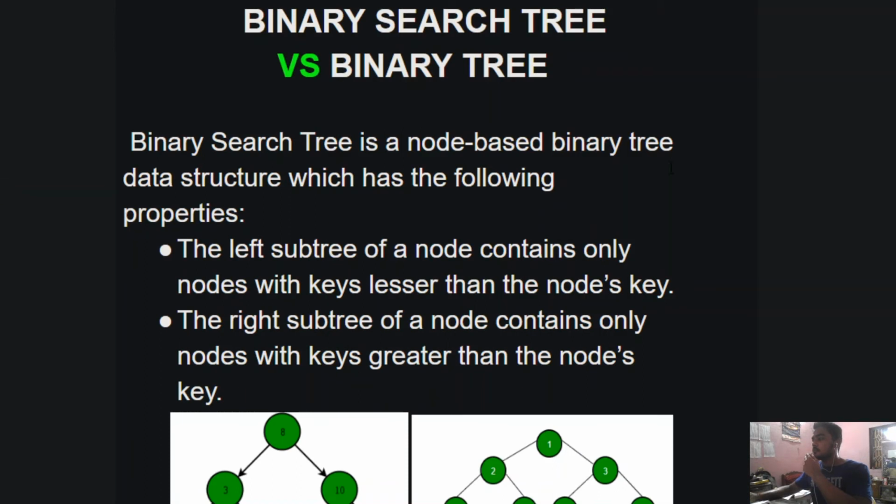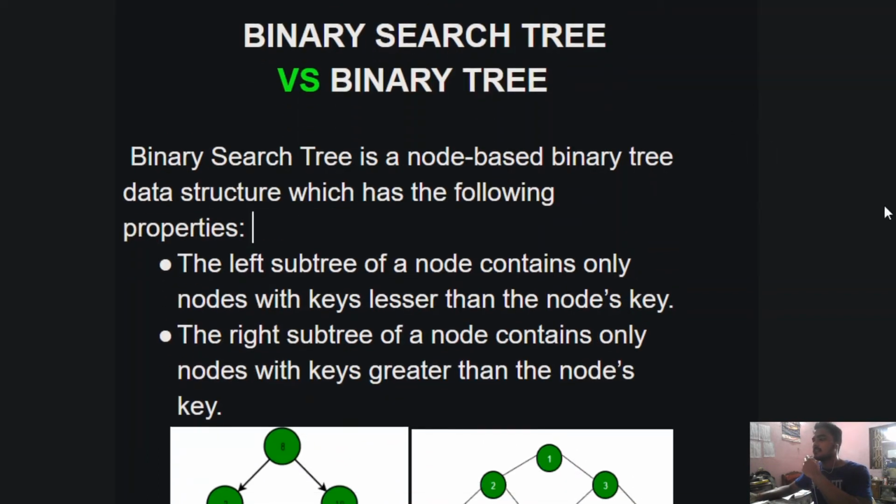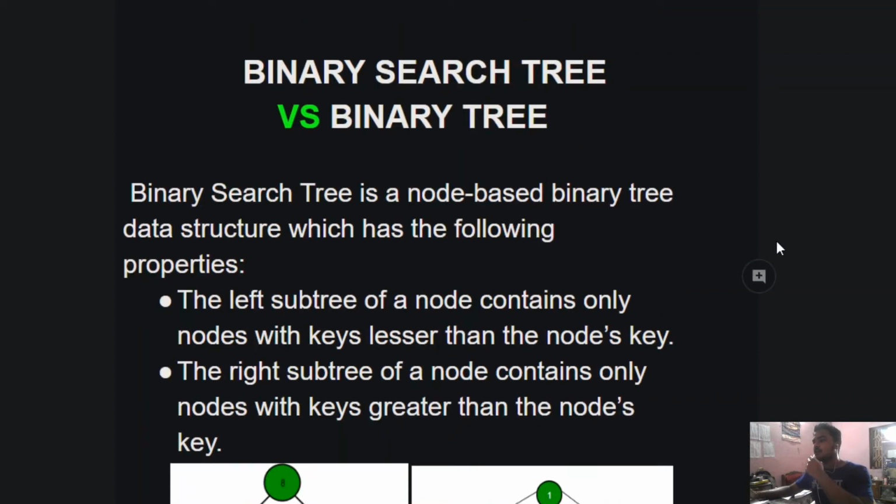Okay, so guys, pay attention to it, because binary search trees are really important. Let's now see what a binary search tree actually is, and how it is different from a normal binary tree.